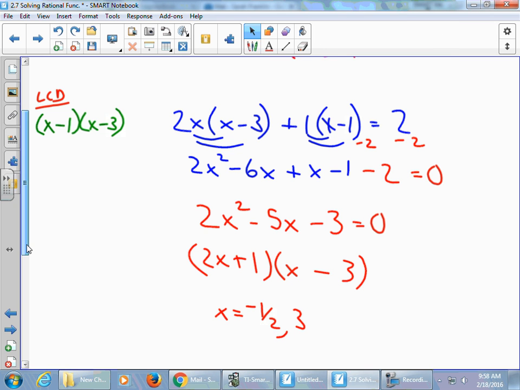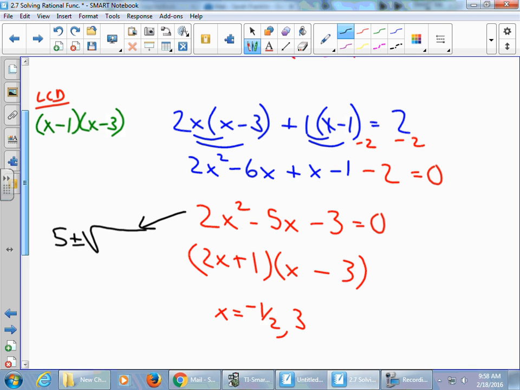But again, I want you guys to realize that some of you have issues with that. Do the quadratic formula. What is it? 4 times, it's like 25 minus 24 over 4. So it's 5 plus or minus 1. And it still gives you those same answers.